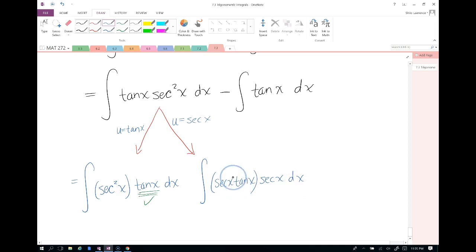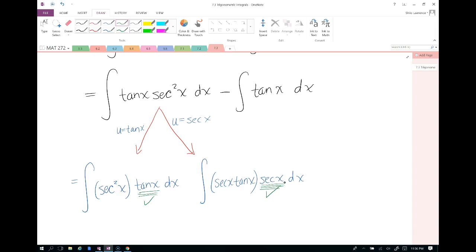Now, secant tan is the derivative for secant. I would be holding on to a secant tan because I'm doing a u substitution for secant. So I want to make sure that everything else that I have left in that problem can be written as a secant, and it already is. The only thing I have left is a secant. So in this case, both methods work, and it's really up to you how you do it.